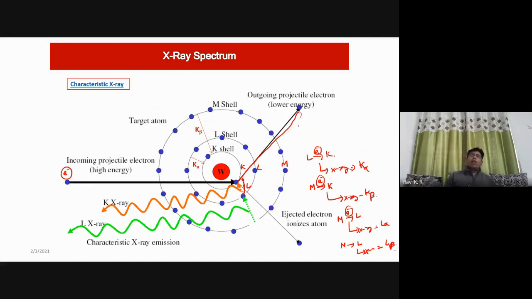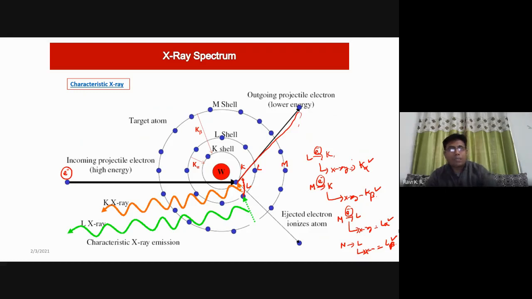But you should remember one thing. When you have a sample, probabilistically all these things are possible. It's not a monochromatic X-ray that you are getting, because when the electron interacts with the sample, K alpha is possible, K beta is possible, L alpha is possible, L beta is also possible. Let me just give you an idea.